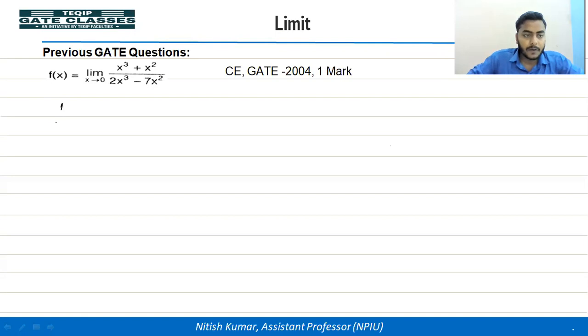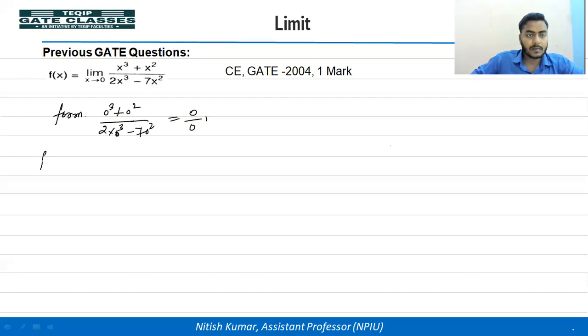First, check what the form is. Put x equal to 0 in the numerator and denominator. We get zero by zero form, so you can apply the L'Hopital rule.